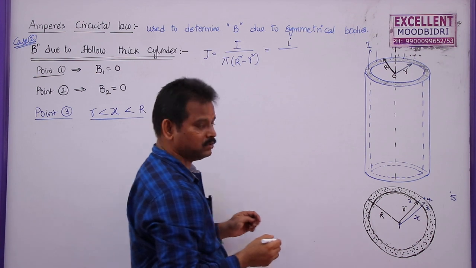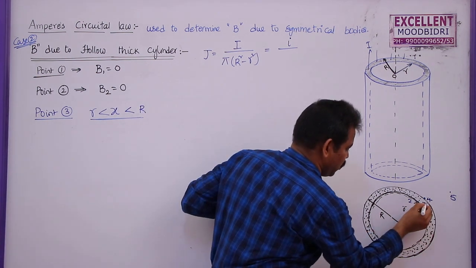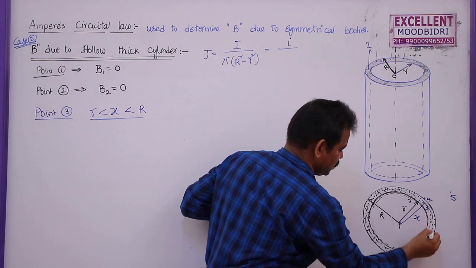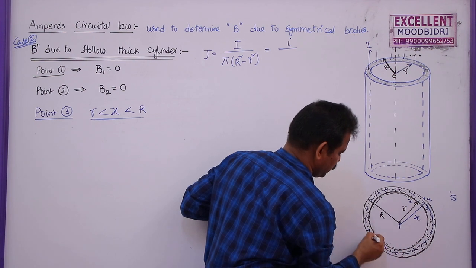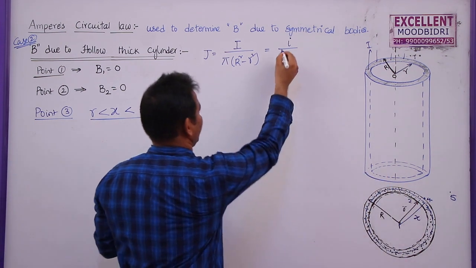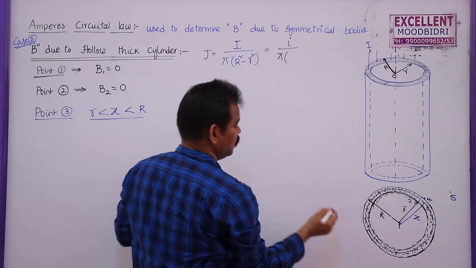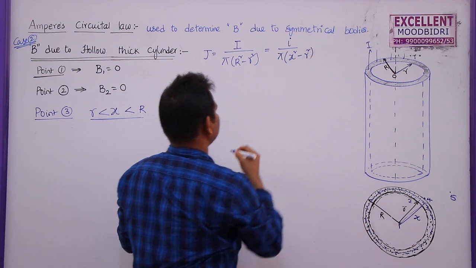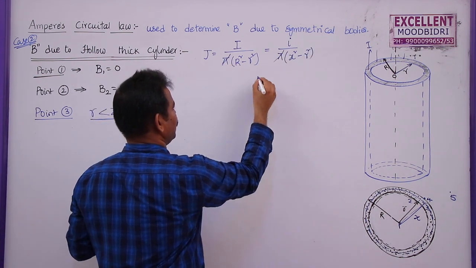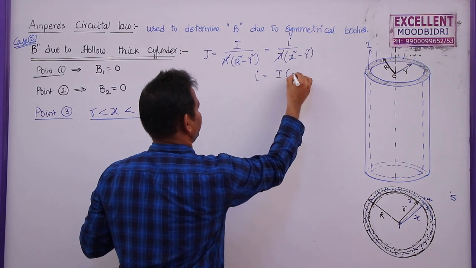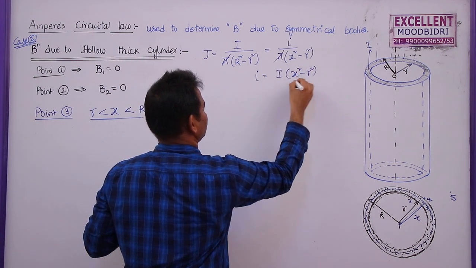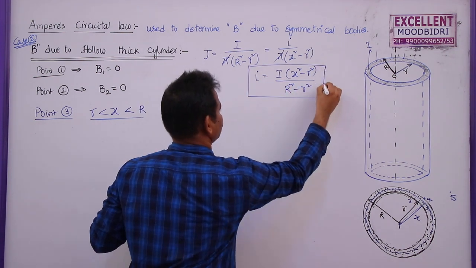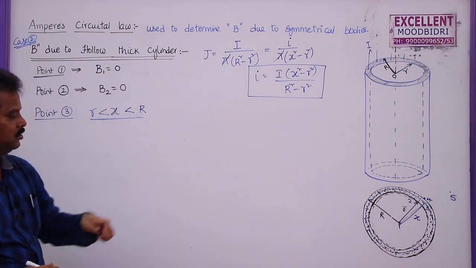If you consider an Amperian loop through point 3, what is the current enclosed by it? The enclosed current i is equal to pi into x squared minus r squared, since this radius is x. Now you can cancel pi and pi. Small i is equal to capital I into (x squared minus r squared) by (capital R squared minus r squared). So this is the current that is enclosed.